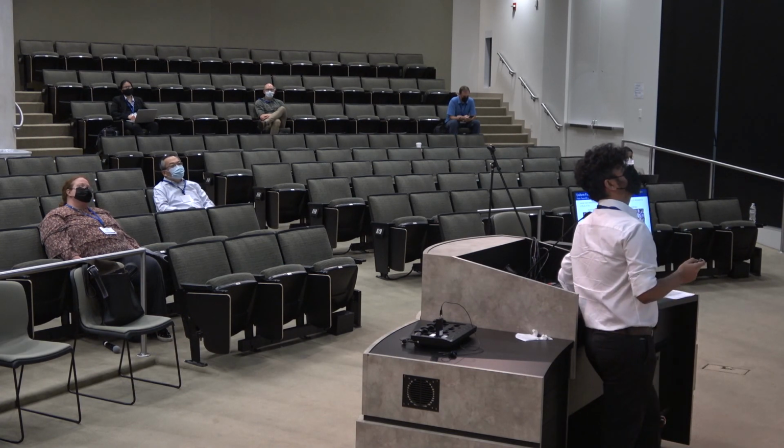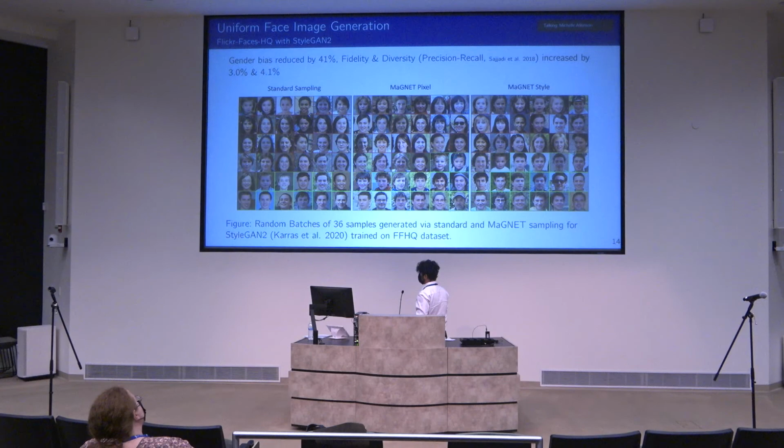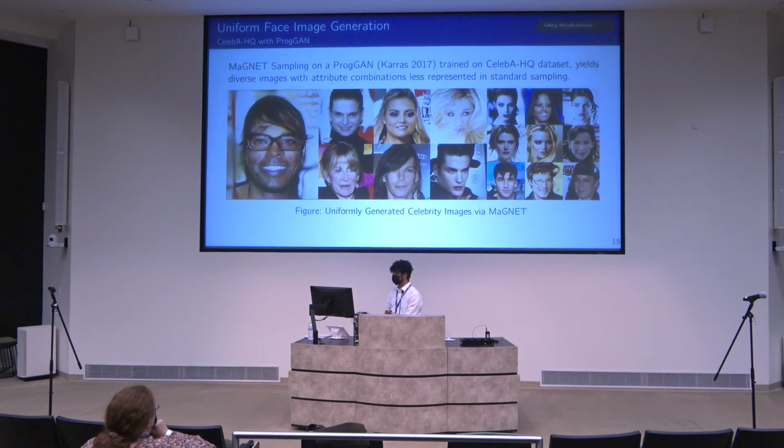And we can also increase the fidelity or the quality and diversity of these samples based on precision and recall metrics by 3 and 4.1%. So this definitely shows that there's some utility in using MaGNET in these state-of-the-art models to mitigate gender bias or balancing out attributes.